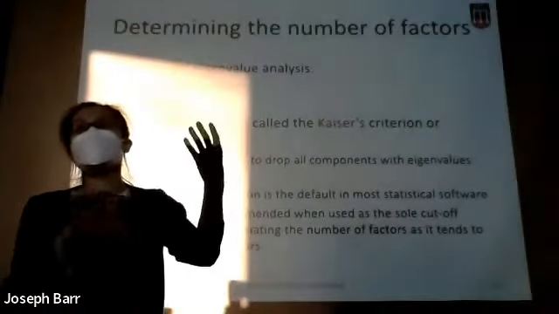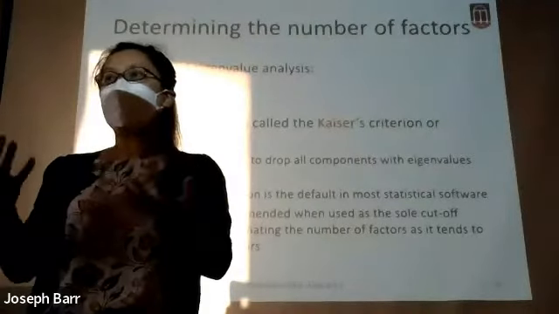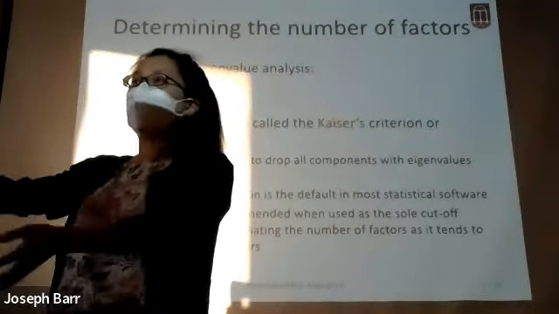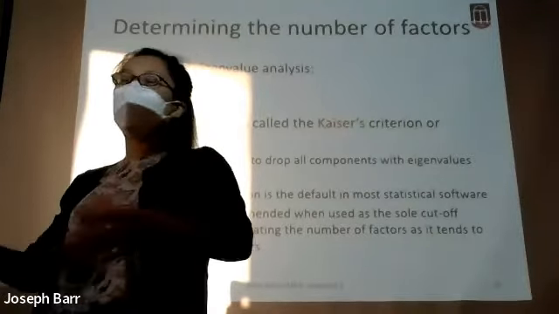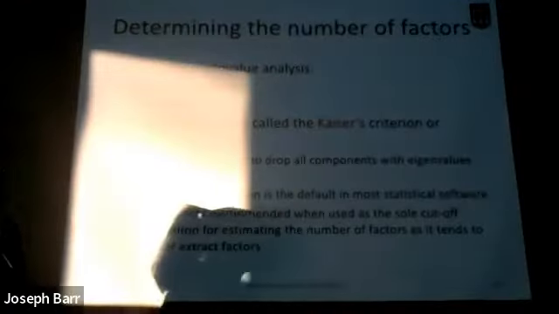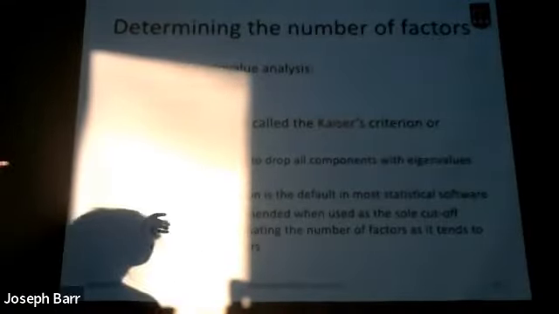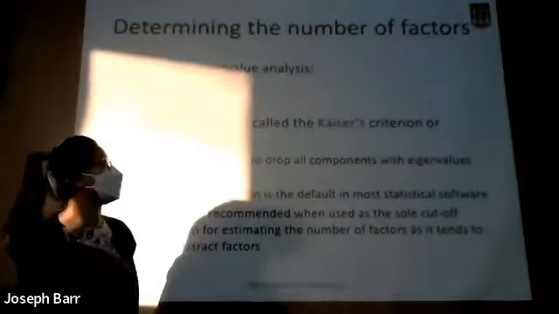The biggest one, suppose, is 3. The second one is 1.1, suppose. And then the rest of the eigenvalues are 0.03, 0.001. Then we just keep 2, because 3 and 1.1 are larger than 1. By using that way, we decide the number of factors.